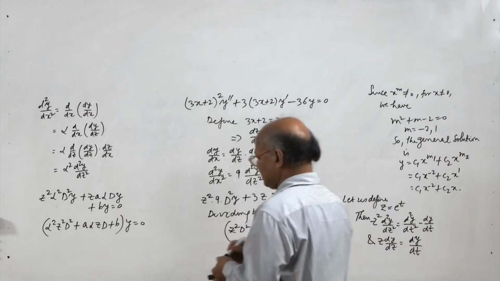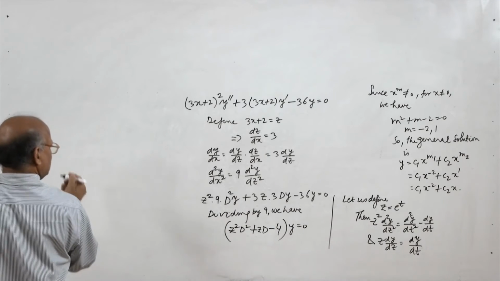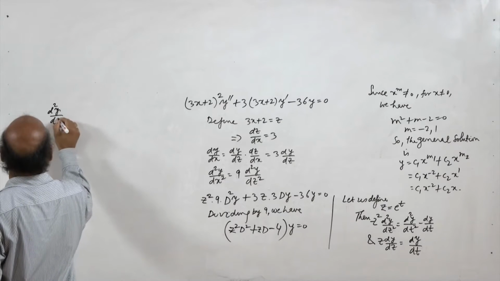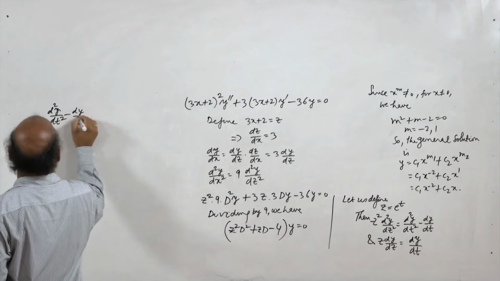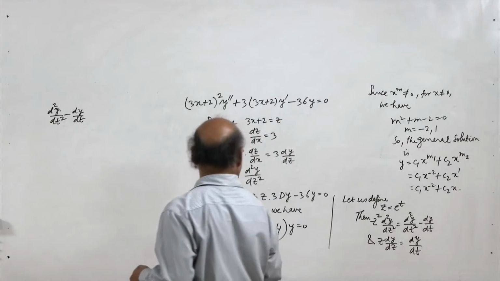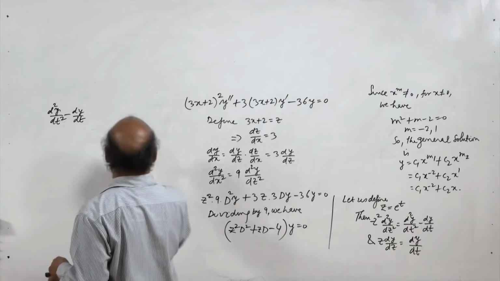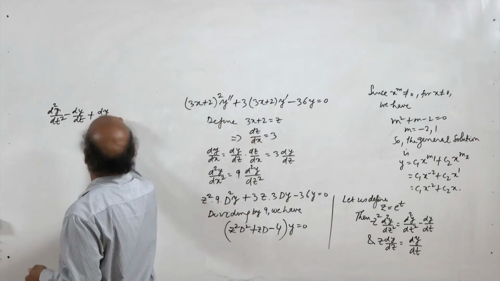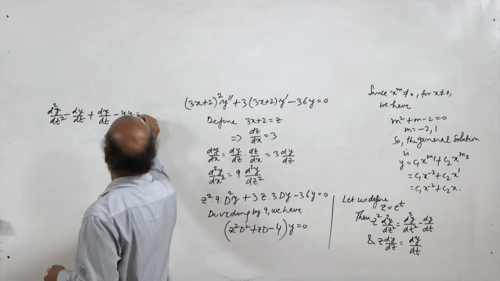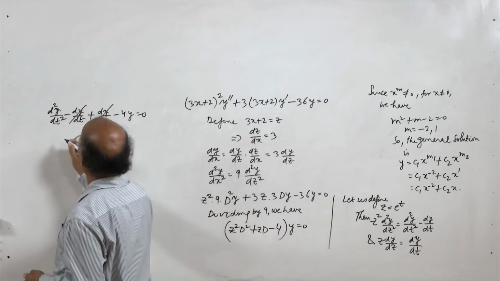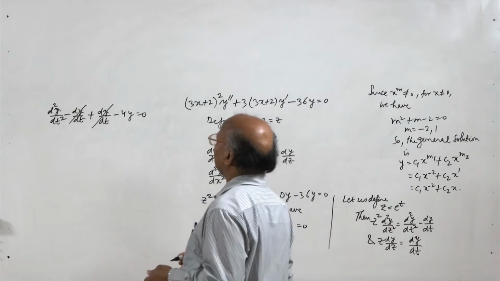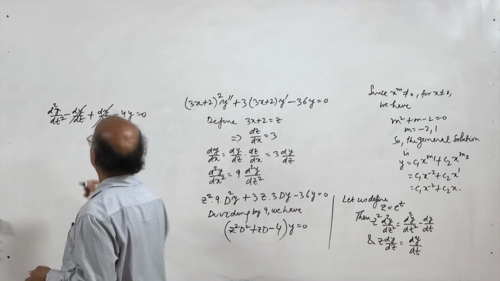So, we will get d square y by dt square minus dy by dt for z square d square y plus z dy we will get dy by dt, and then minus 4y equal to 0. So, this will cancel. We have d square y over dt square minus 4y equal to 0, which is a linear differential equation of second order with constant coefficients.